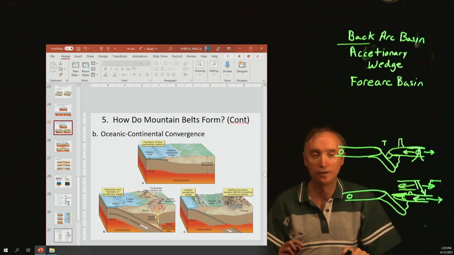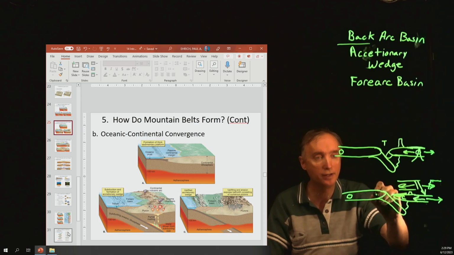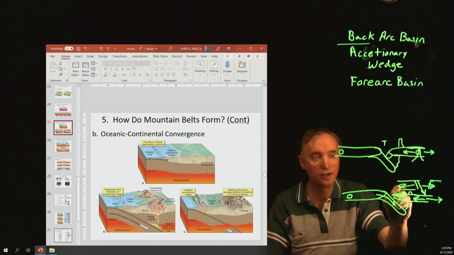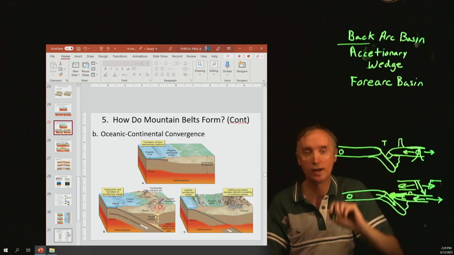And that's going to be called a fore-arc basin. Another thing that's going to be happening is that as this plate is going down, it's going to be scraping against this plate right here. And so part of this plate is going to come off, and it's going to start to accumulate right here, and that's going to be called an accretionary wedge.